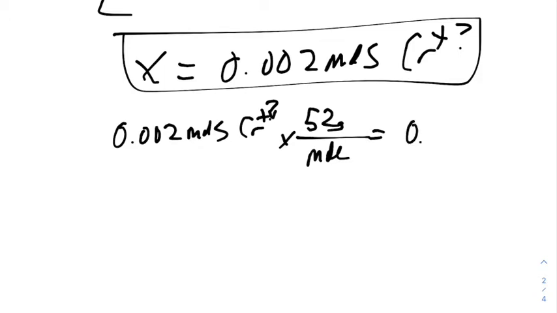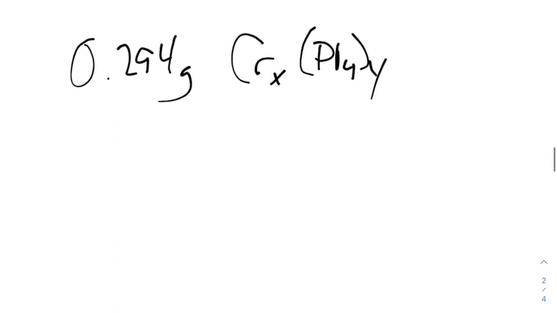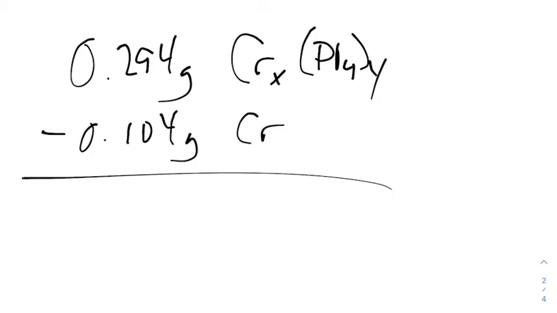And that's going to be 0.104 grams of the chromium plus question mark. So that means of this compound here, 0.294 grams, we're going to subtract out 0.104 grams of the chromium, which is then going to leave us with 0.19 grams of phosphate.